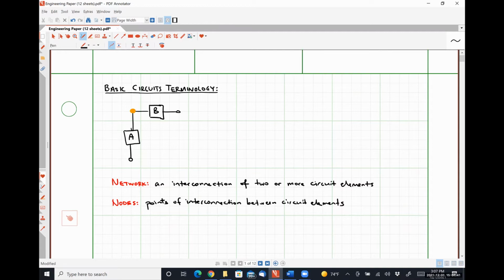So the application of that assumption means that all of these wires that are connected makes this really one large node where elements A and B are connected. So we can lump those wires into the node. That's what I'm trying to get at here. And that's really going to make it easy for us to identify how elements are connected.